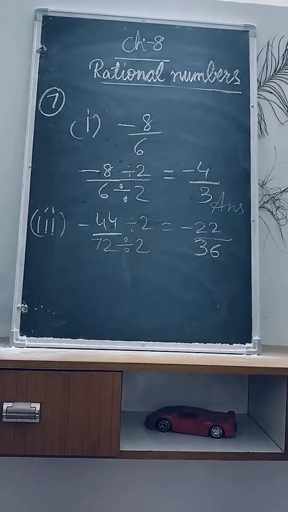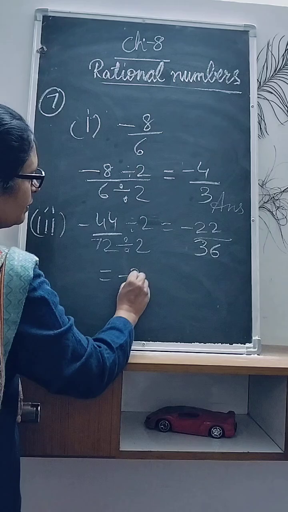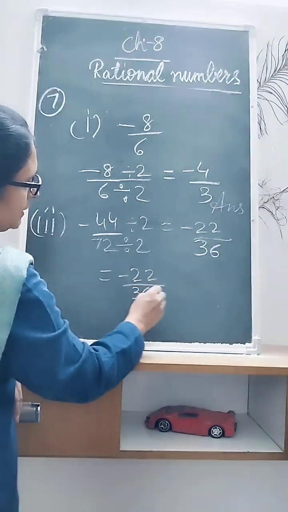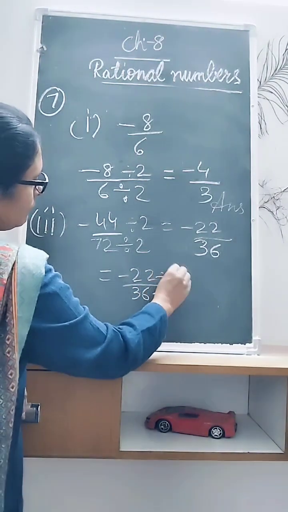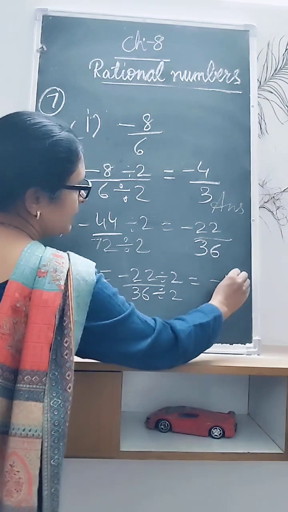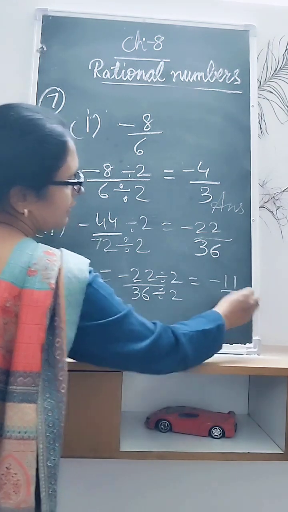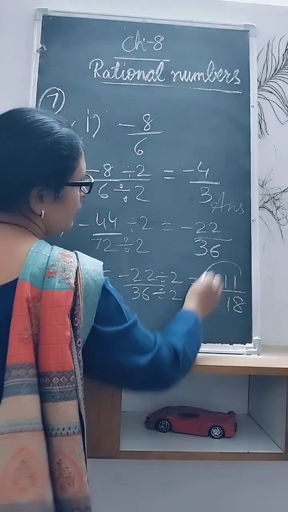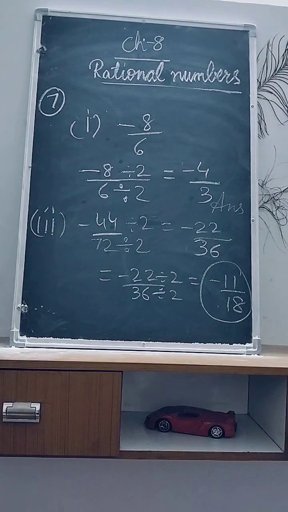Again, you can divide minus 22 upon 36 with 2. So minus 11, 2 1s are 2, 2 8s are 16. So what is your answer? Minus 11 by 18 is the answer. Okay, students, so this way you can solve the sums.